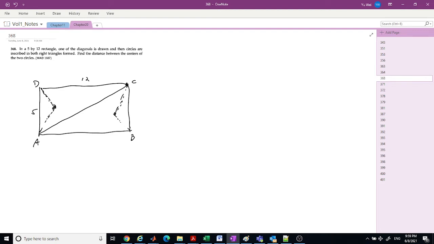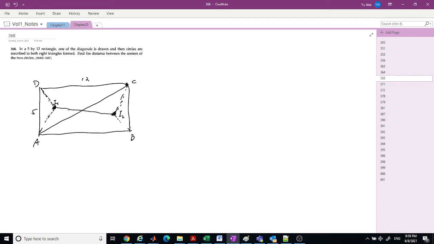I call this one I1, and this one I2. So we want to calculate the distance between I1 and I2, right? So you can see triangle ACD and triangle ACB are totally congruent.